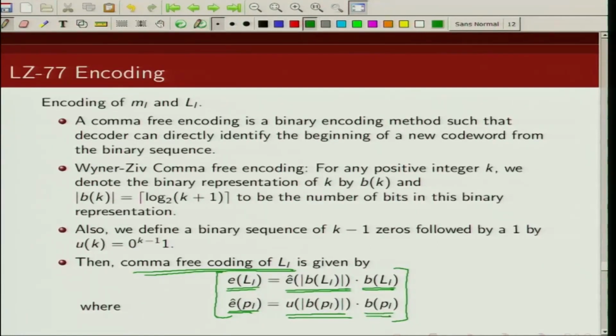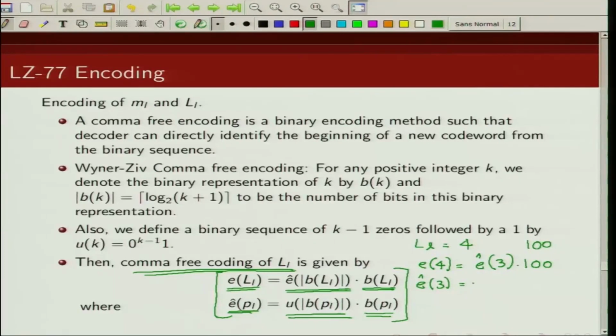So let's take an example. Let's say L, the length, is 4. According to this, E of 4 will be E hat of, now the binary representation of 4 is 100. How many bits do we require to represent this 4? That's 3. So this will be E hat of 3, followed by the binary representation of 4, which is 100. And how do we find out E hat of 3?